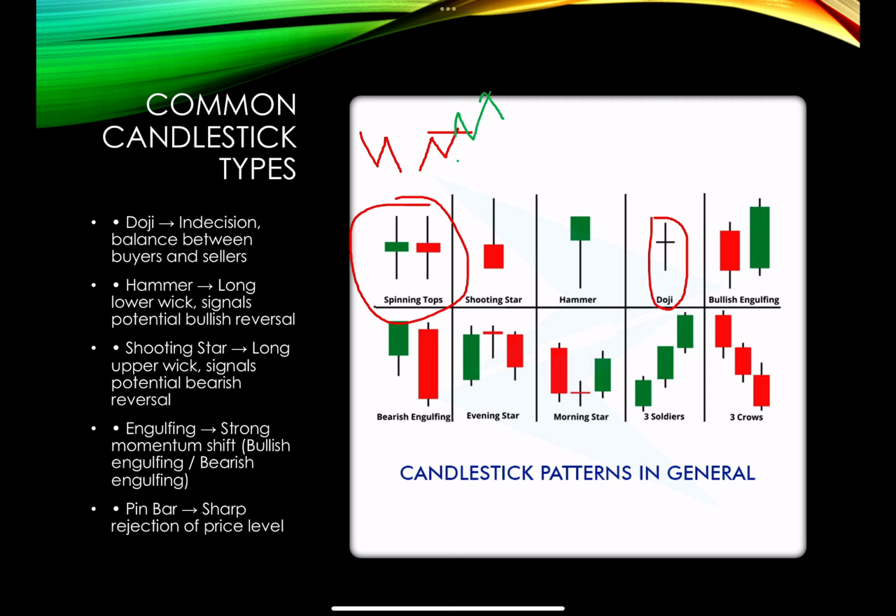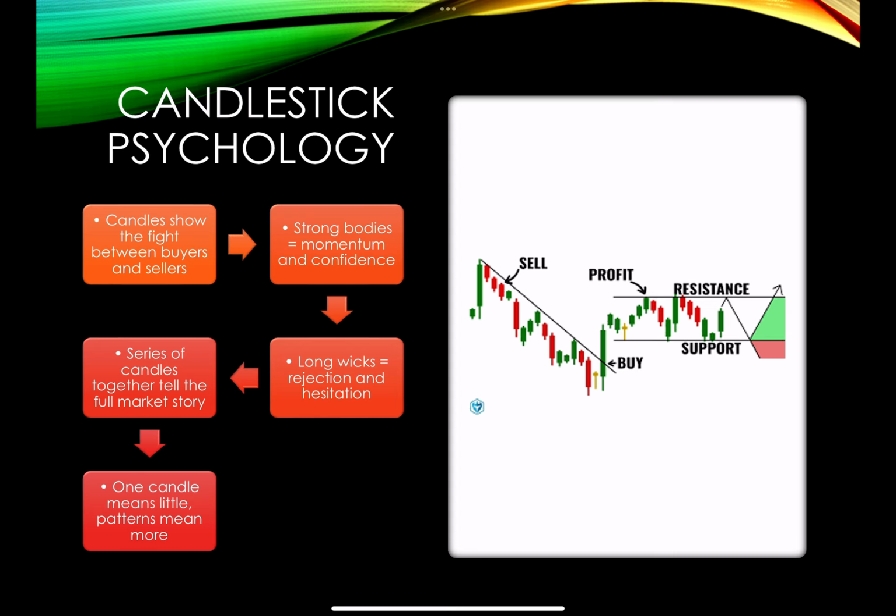All right, so those are candlestick types. Let's get into the next slide. All right, so boom, in this one we're gonna go over the candlestick psychology. So we know that candlesticks show fight between buyers and sellers, right? Next thing is strong bodies equals momentum and confidence. So for example, right here you see this big bullish candle, this big bullish candle.